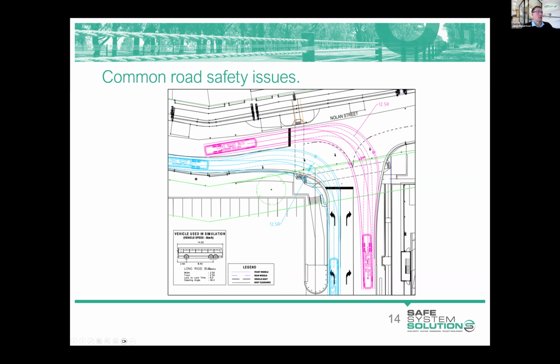This corner of the intersection, the blue bus that's turning left is cutting across that intersection corner quite significantly. This is actually a design that we inherited that had some swept paths prepared for it, which showed that the intersection would work okay.